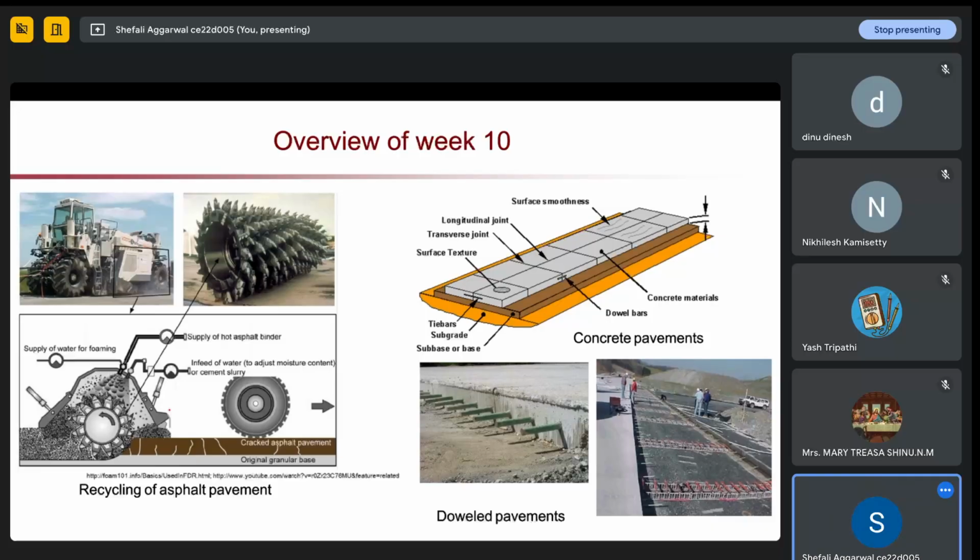Another topic is recycling of asphalt pavement. Why do we need to recycle our asphalt pavement? Any idea? First, bituminous waste cannot be dumped easily.